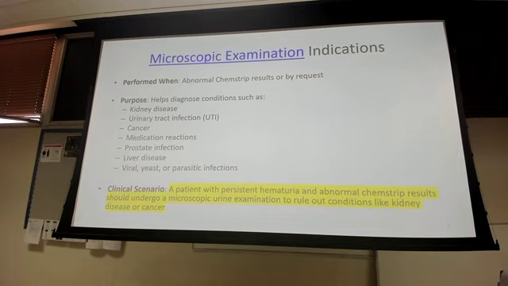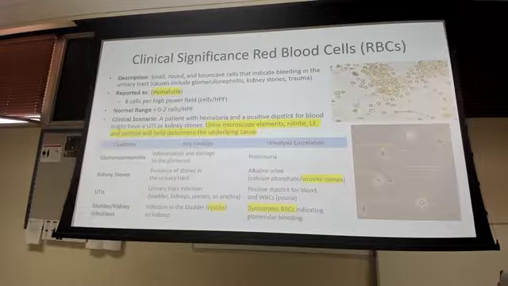Okay. All right, so let's talk about the cells that can be found under the microscope. So red blood cells are reported as what is highlighted? Reported as? Hematuria. Very good. All right, so normal is 0 to 2 cells per high power field. If it's greater than that, then something else is going on with your patient, okay?